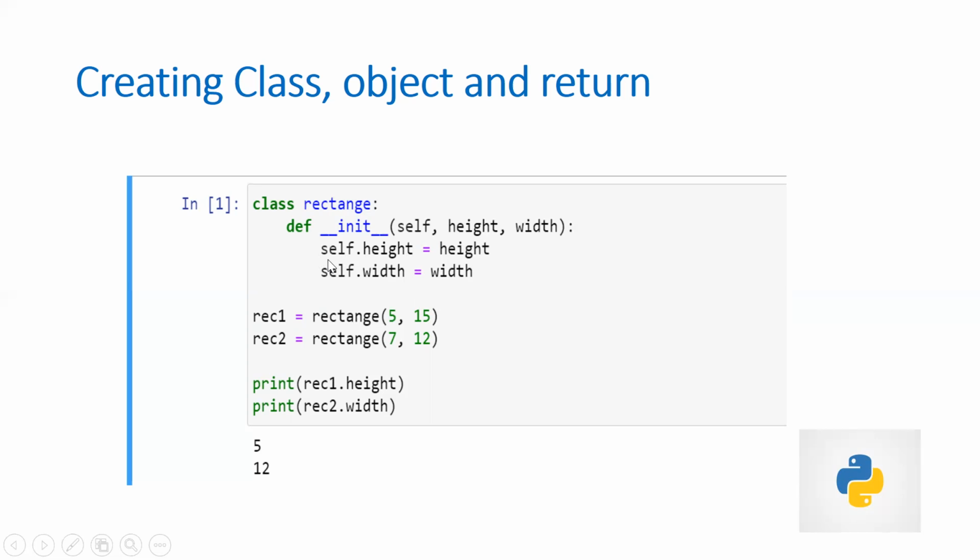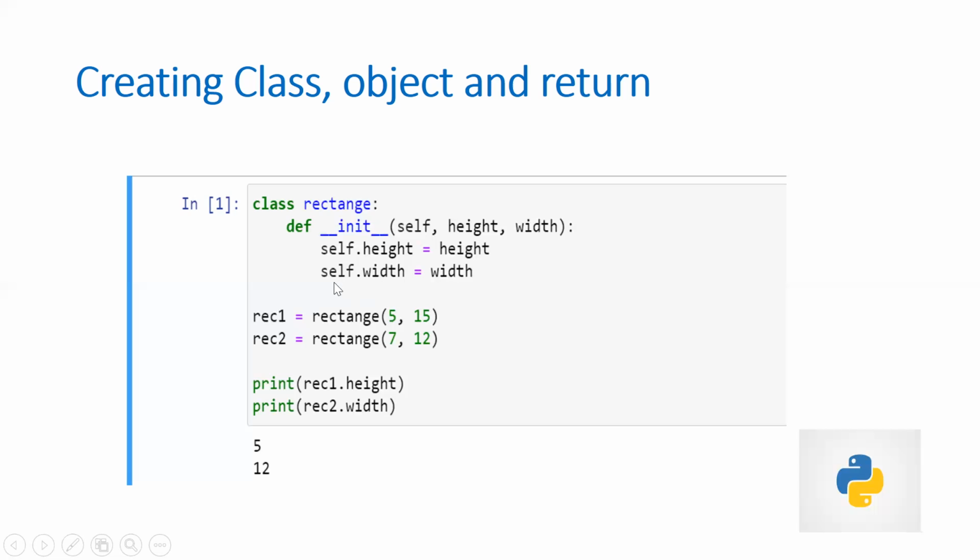After that, we use self.height to create the attribute and pass the value of that attribute. But as we are just generalizing the class object, we are not assigning any value here. The same thing applies for width also.